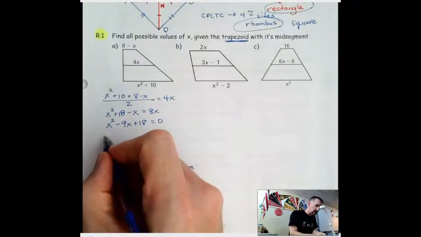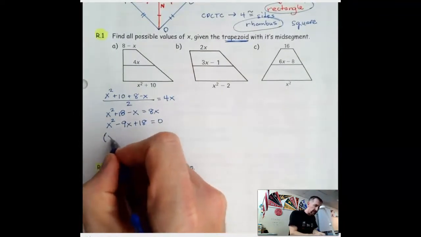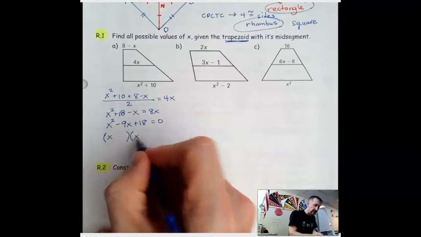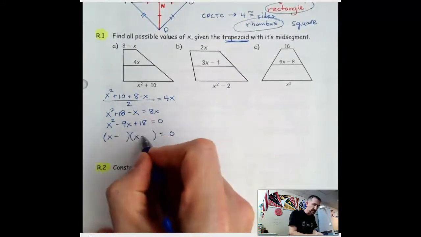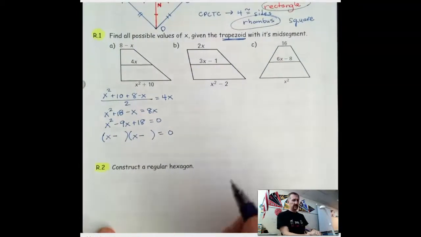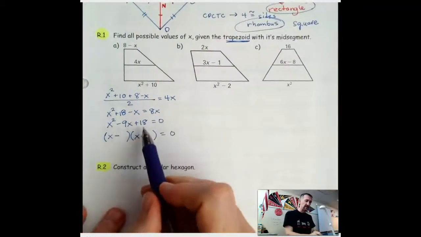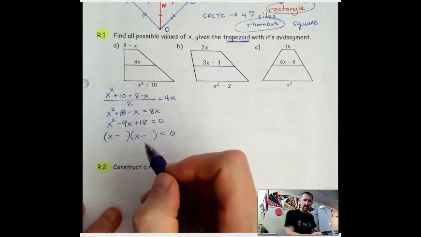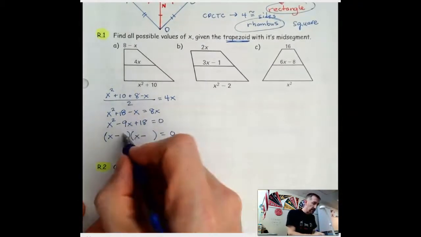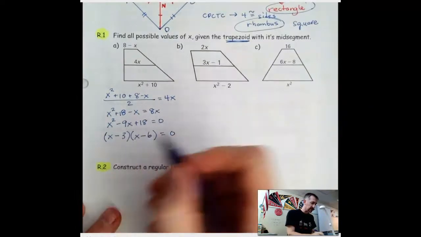Okay? So if we factor that, that's going to be x and x. Now this is positive. That means these both need to be negative to get that negative in the middle. So we need two factors of 18 that add up to 9. 1 and 18, no. 2 and 9, no. 3 and 6, yes.